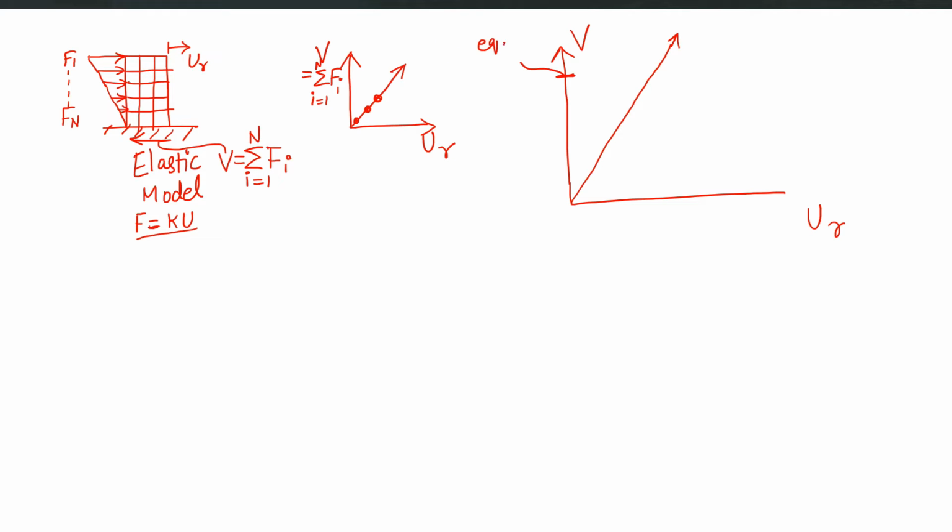This is the equivalent static force, which means these are the forces the future earthquake will produce. Correspondingly, if this is the level of forces expected from future earthquakes, this will be the deflection. If I come down here, this is the UR value on the x-axis which my future earthquake is going to produce.